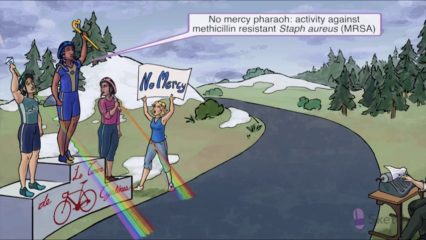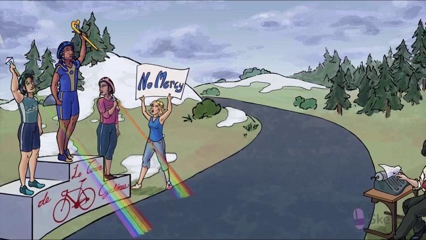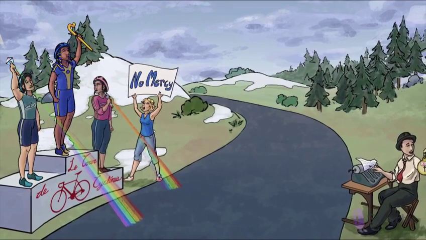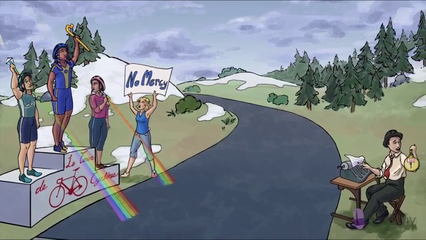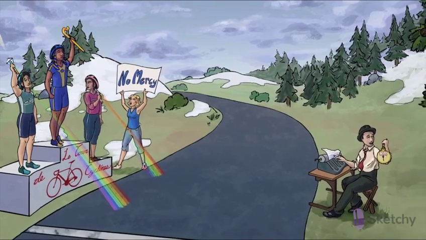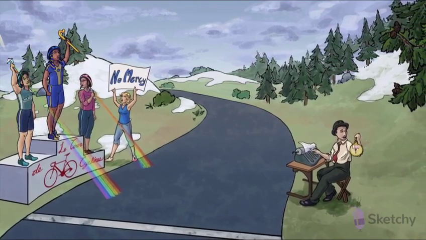MRSA? Non merci. No mercy is our slogan that reiterates MRSA coverage. This may be low yield on an exam because if a question points towards the empiric treatment of MRSA, in more serious infections, drugs like vancomycin, daptomycin, and linezolid will be your go-to big gun antibiotics of choice.